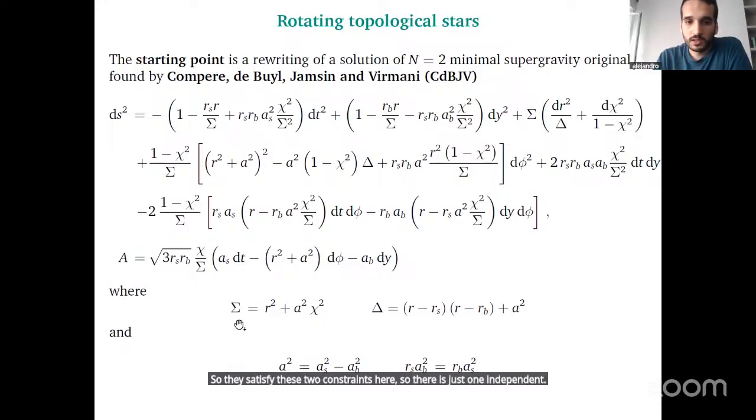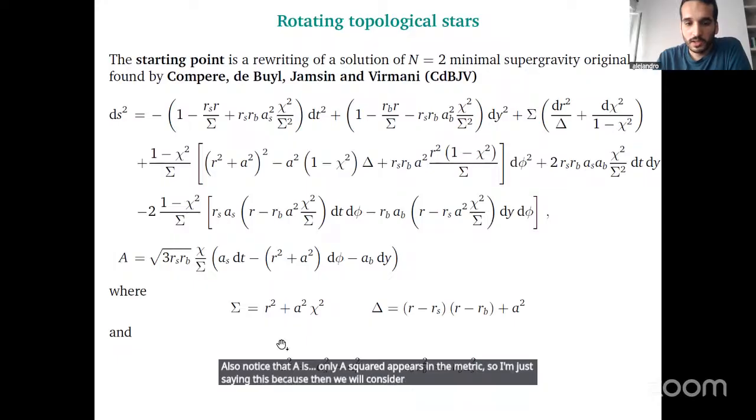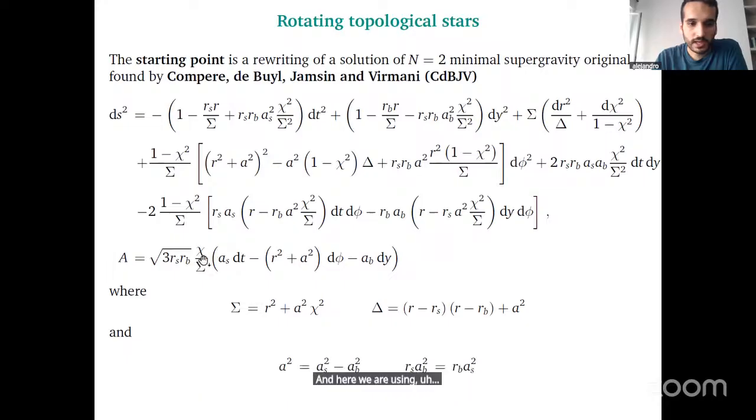Also notice that only a squared appears in the metric, so I am saying this because then we will consider a regime in which this is negative, but there is nothing becoming imaginary in the solution. And here we are using chi is cosine theta, so using this parameterization.